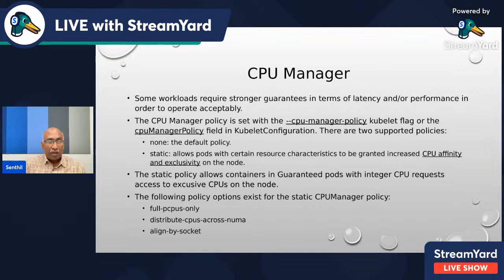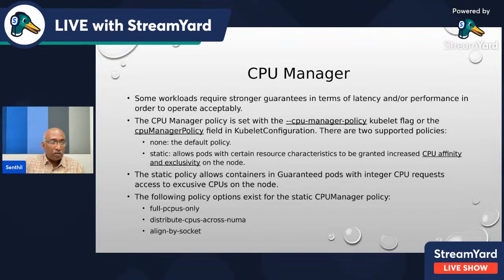You can say that this workload requires exclusive access to physical CPUs, which means cores, and you can also say that these two CPUs should be allocated within the same socket.